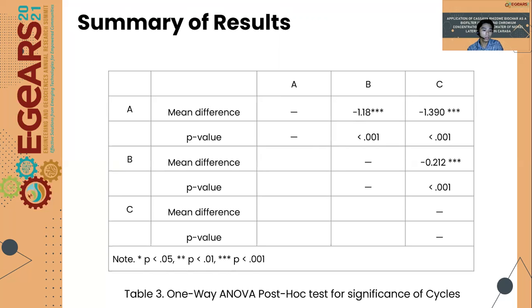As you can see, we learned that the null hypothesis must be rejected given that the value of P is less than 0.05, and that means the alternative hypothesis should be accepted.